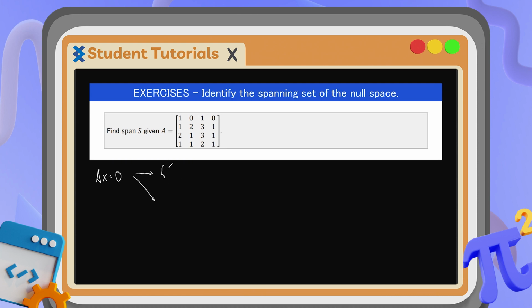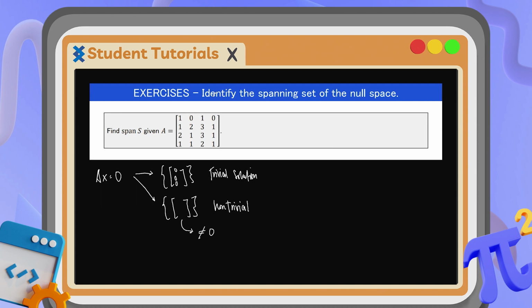First, you have only the zero vector. Meaning, if you only have the zero vector as the spanning set, then you have the trivial solution. And if it's a non-trivial solution, then that means you have some vector which you multiply with a constant, and it gets you to an answer that is not the zero vector.